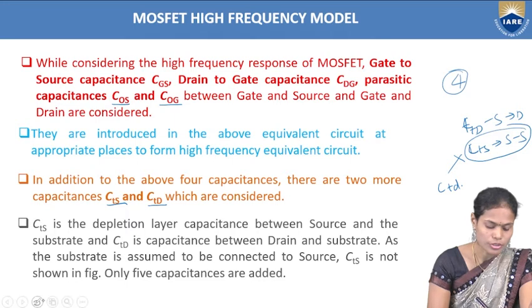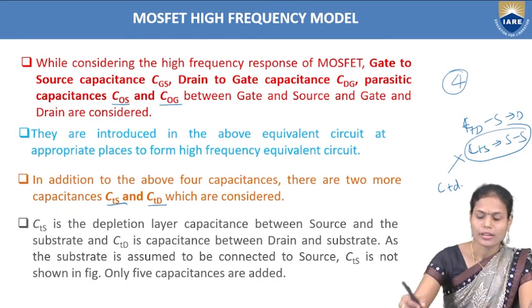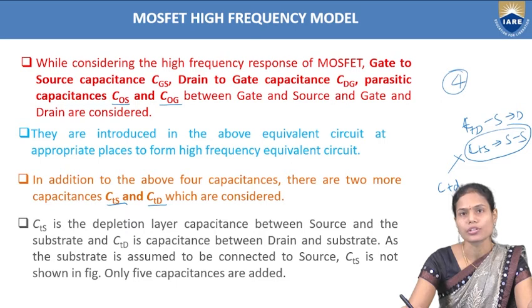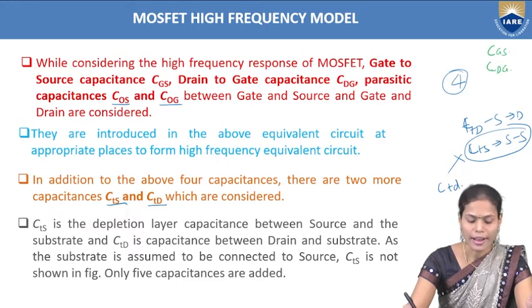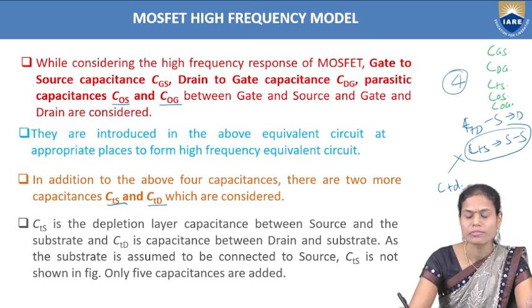So overall, to see the high frequency equivalent circuit of the MOSFET, we need to include CGS, the capacitance between source and gate, and CDG, the capacitance between gate and drain, and CTS, the capacitance between substrate and source, and COS, the capacitance between the gate and source, and COG, the capacitance between the source and gate.